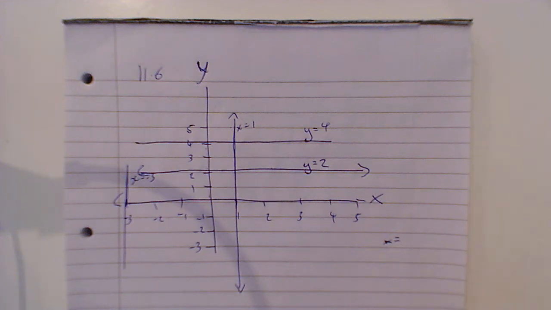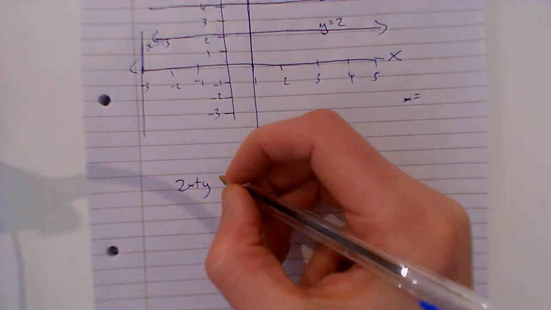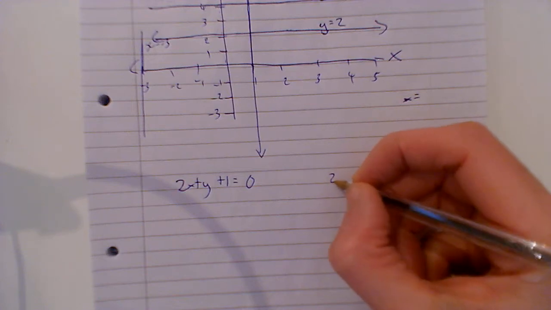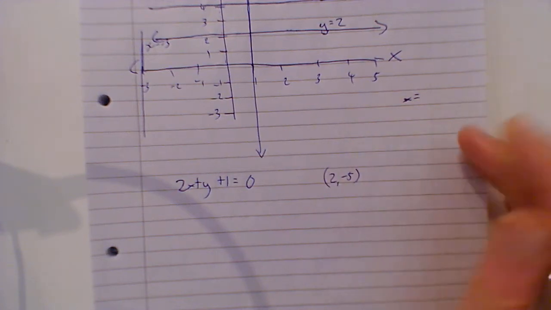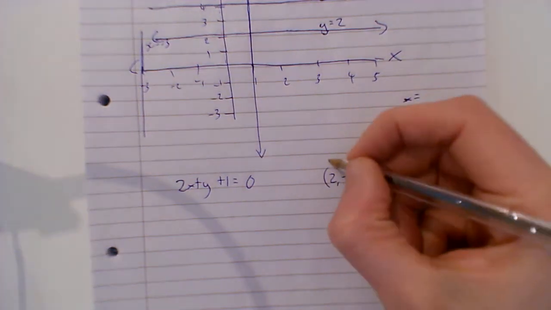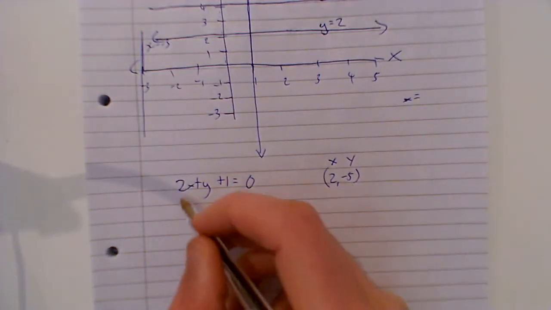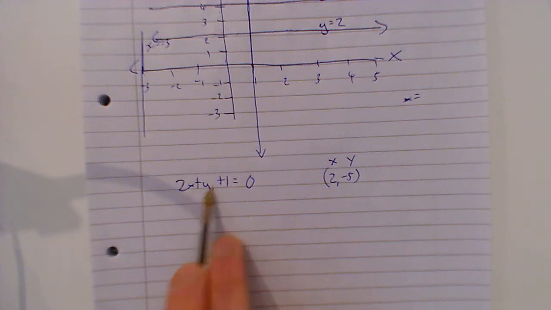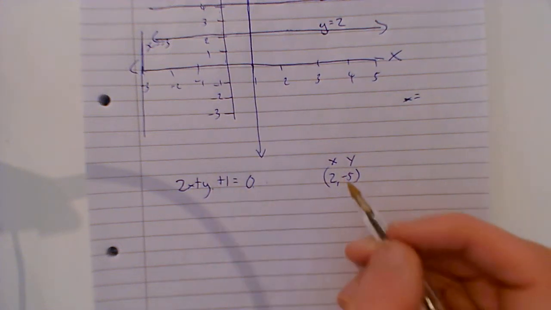The second part is if I said to you 2x plus y plus 1 equals to 0. Show that the point (2, -5) is on the line. This is our x point, this is our y point. We sub it in. You got to remember there's an infinite number of x and y coordinates that satisfy this. This is just 1.